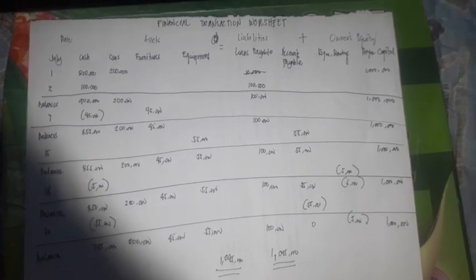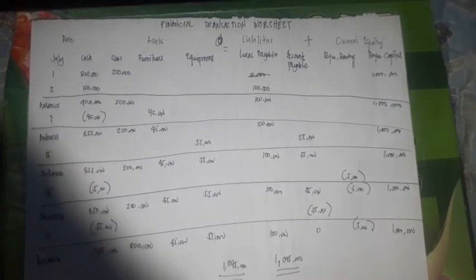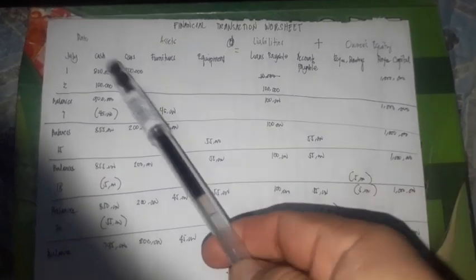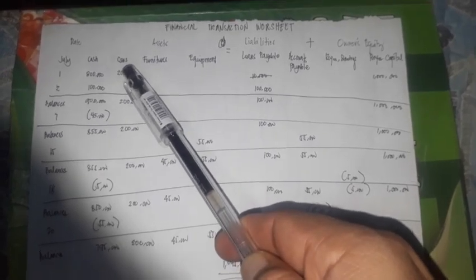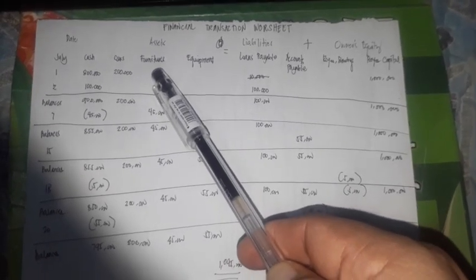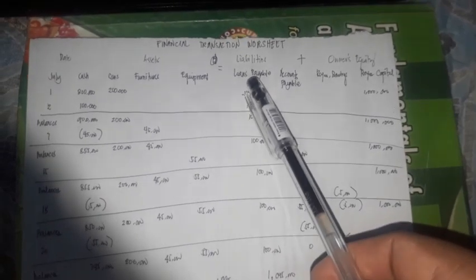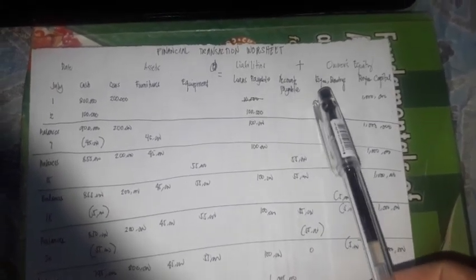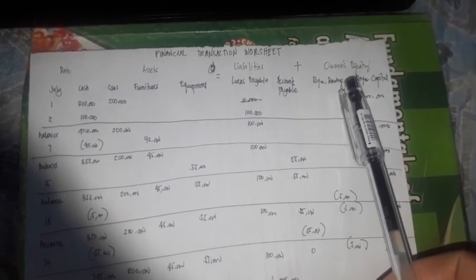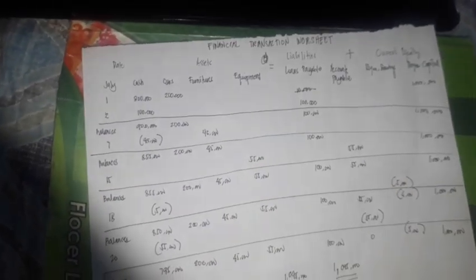Okay, mapapansin po natin ang example ng ating mga account. Meron po tayo dito, cash, cars, the furniture and fixtures, the equipment, the loans payable, accounts payable, Reyes drawings, and Reyes capital. So, yan po ang example ng ating account.